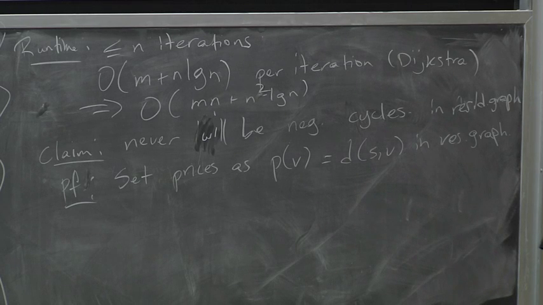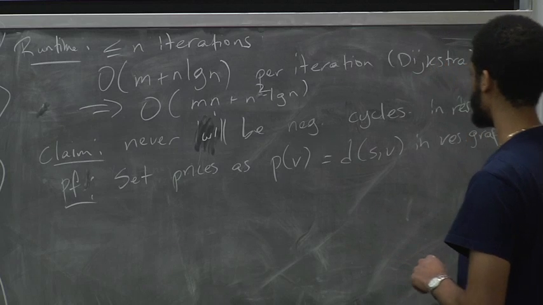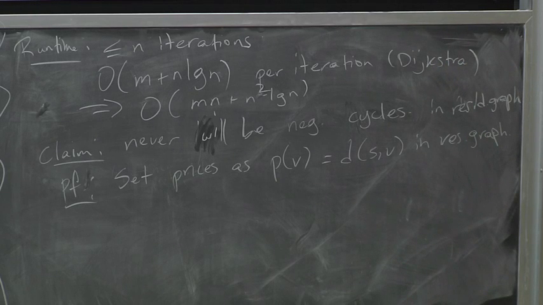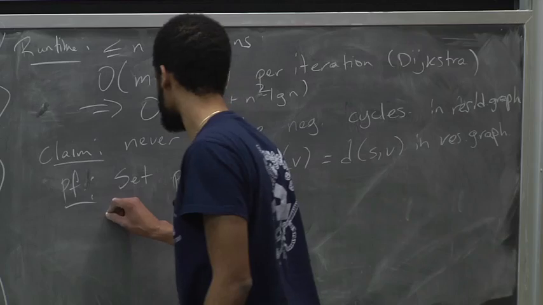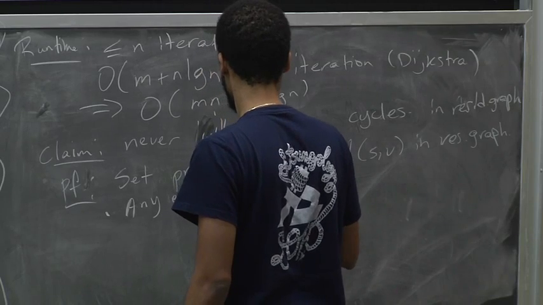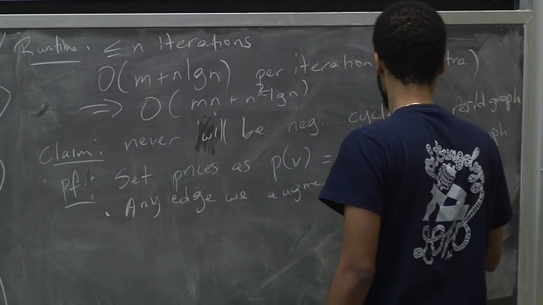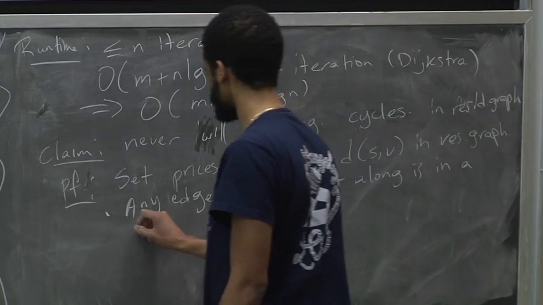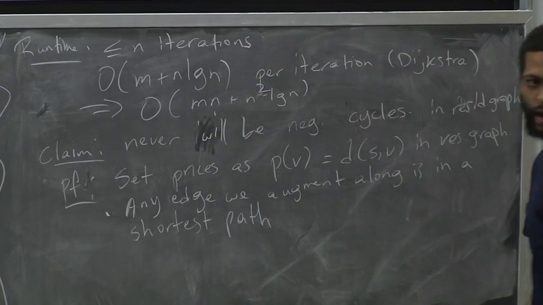Okay, good. So any edge we augment along is in a shortest path. Right? We only augment along shortest paths.